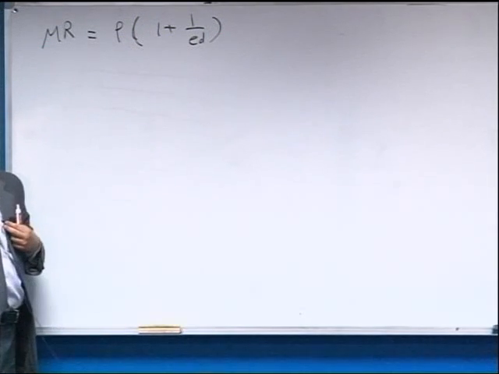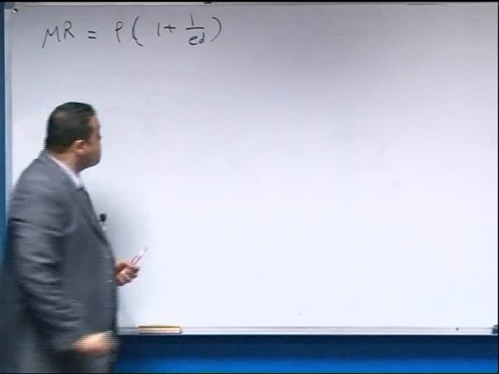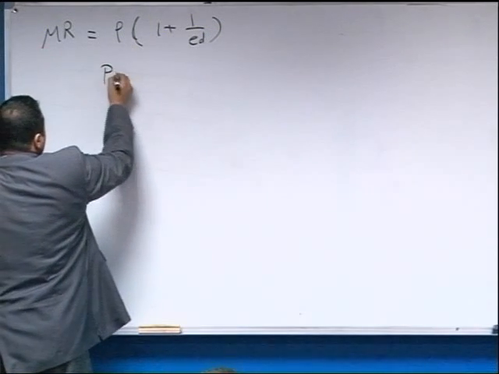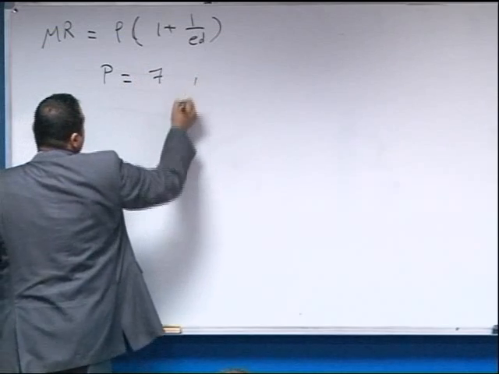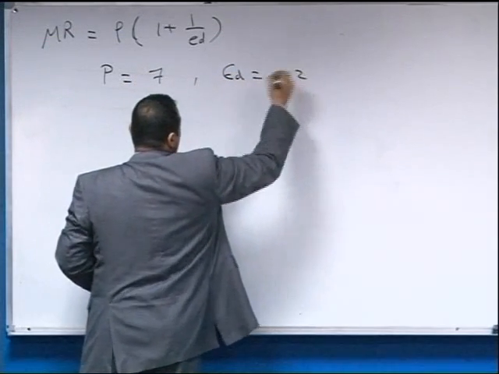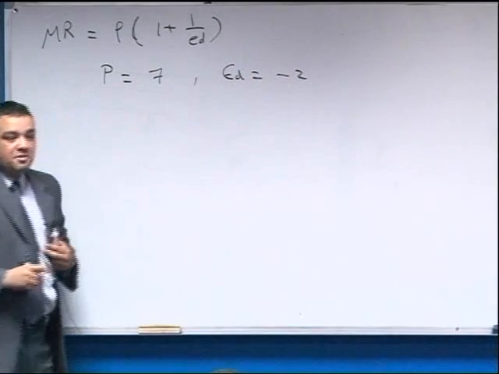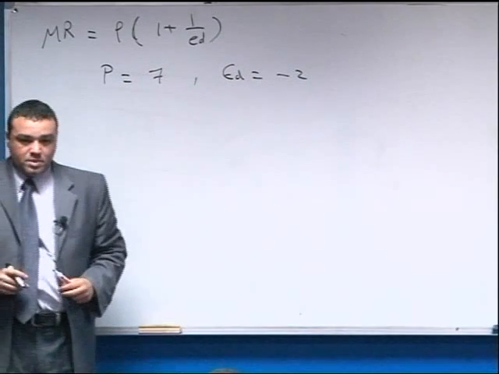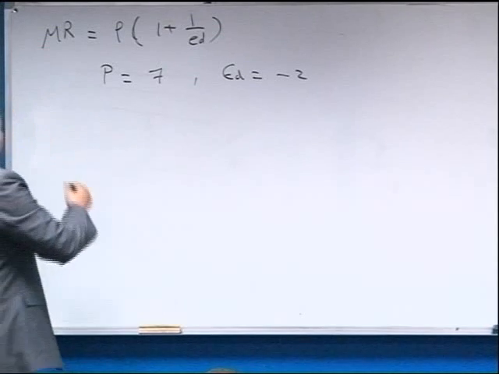MR equals P times (1 + 1/ED). Right? Suppose that the price equals 7 and the price elasticity of demand equals -2. Calculate the marginal revenue. Direct substitution.